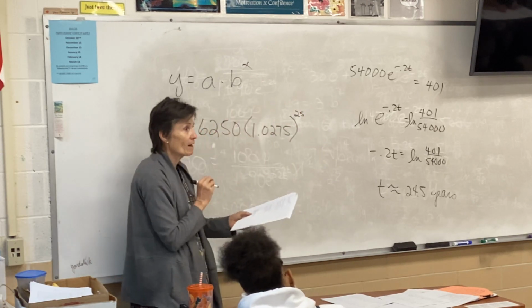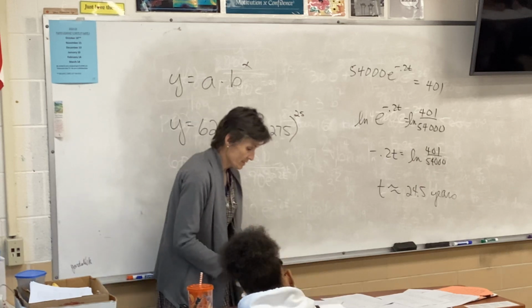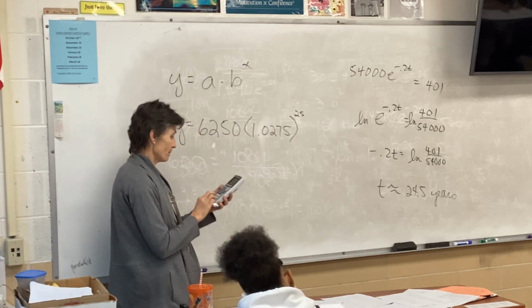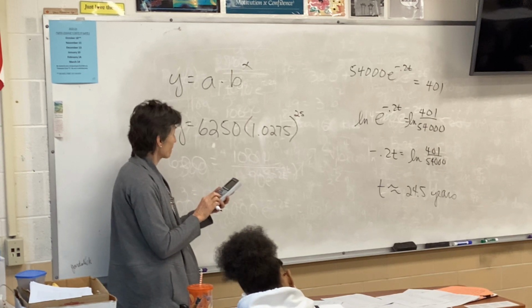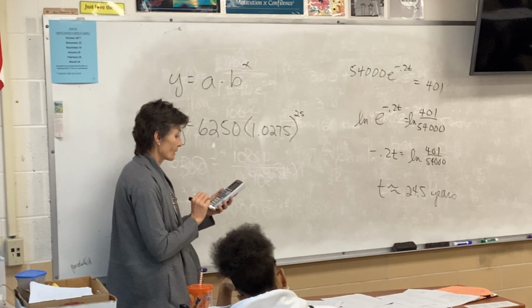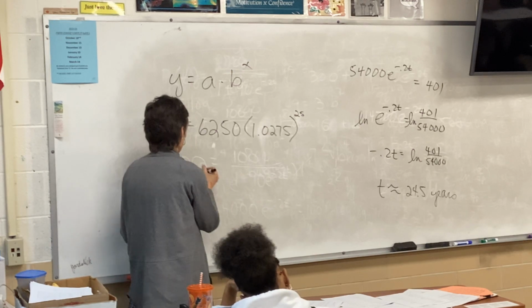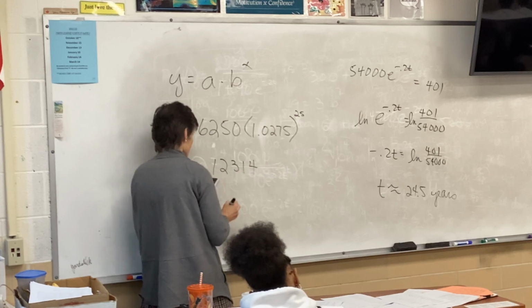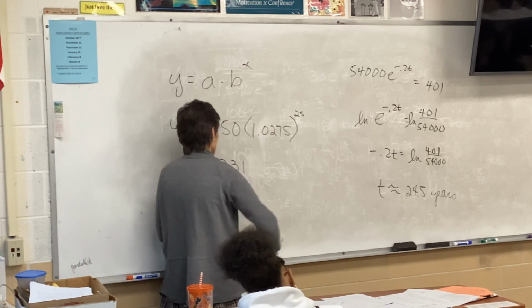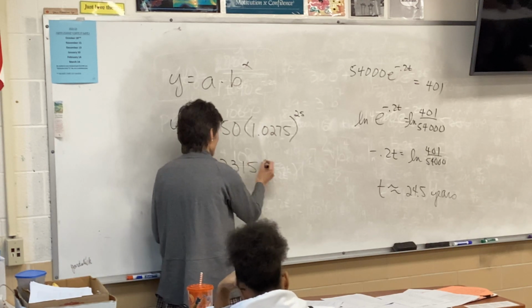We're waiting 25 years, and we just type it in. This one's easy compared to that last stuff we were doing. It is a people problem, so let's round it off to the nearest whole person. So I think that would be 12,315. Is that what you got?